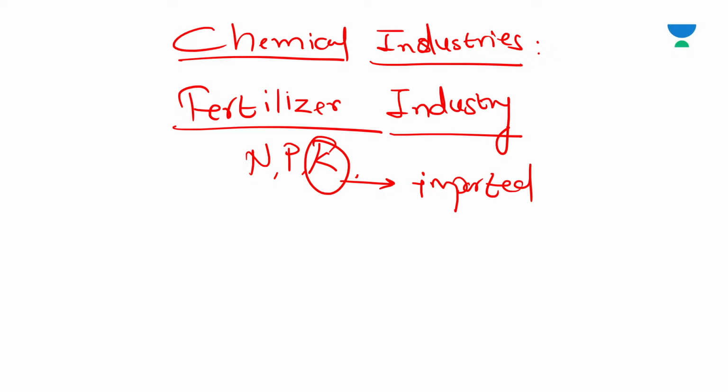States where the fertilizer industry expanded: Gujarat, Tamil Nadu, Uttar Pradesh, Punjab, and Kerala, which contribute towards half of the fertilizer production.